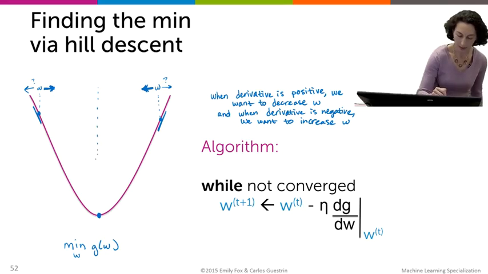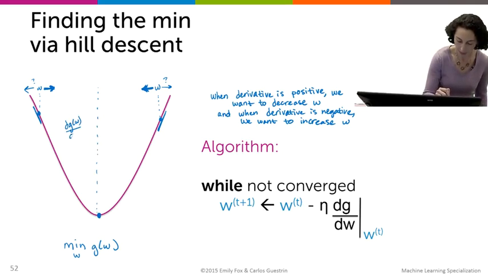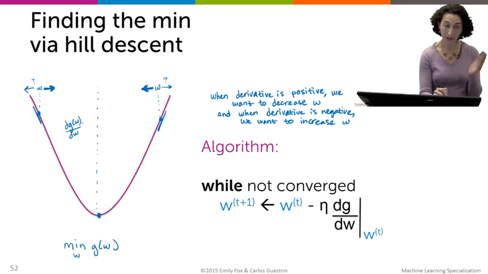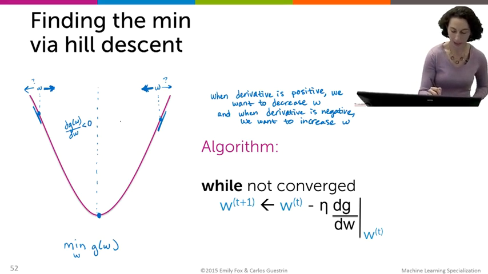So again, in this picture, the derivative of this function g everywhere on the left-hand side of the optimum is negative, everywhere on the right-hand side is positive.